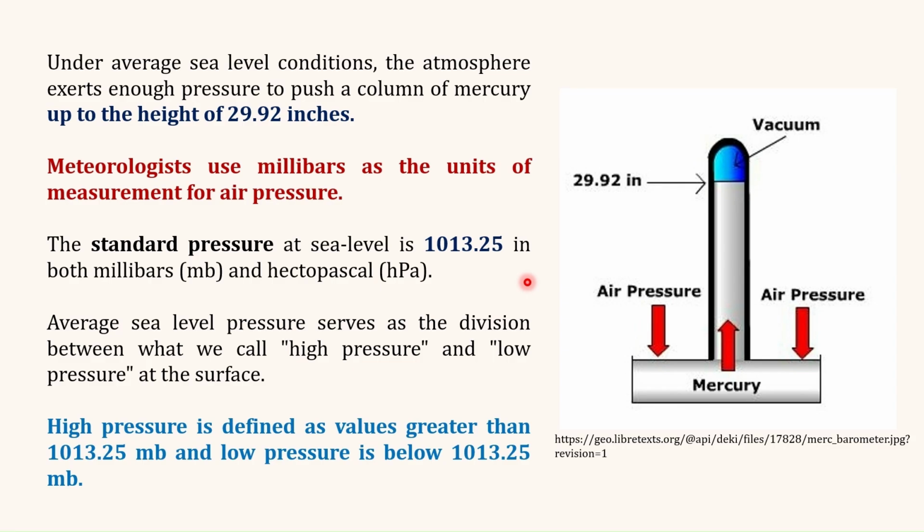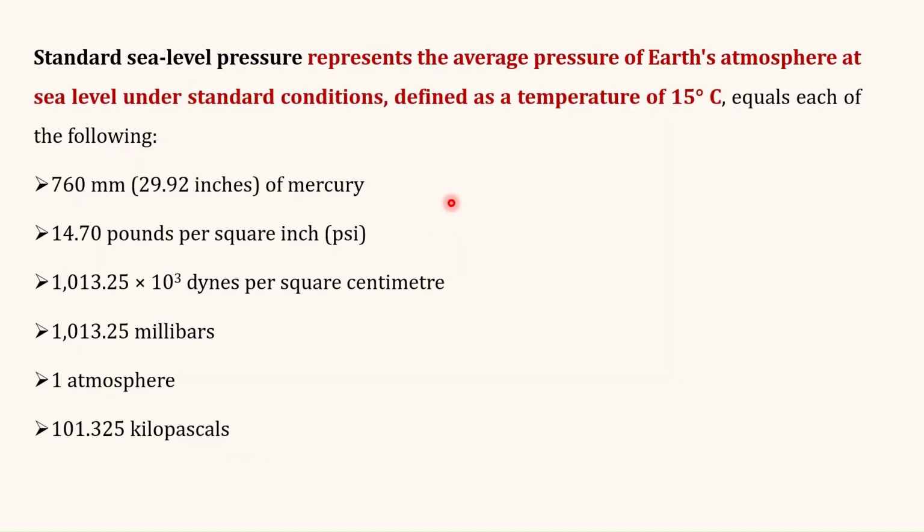If we use a mercury barometer to measure the atmospheric pressure, under average sea level conditions, the atmosphere exerts enough pressure to push a column of mercury up to the height of 29.92 inches or 760 mm. Thus, sea level pressure is reported as 760 mm or 29.92 inches of mercury.